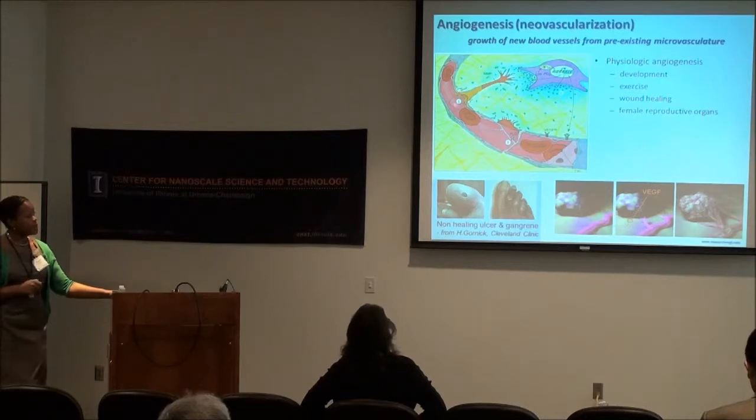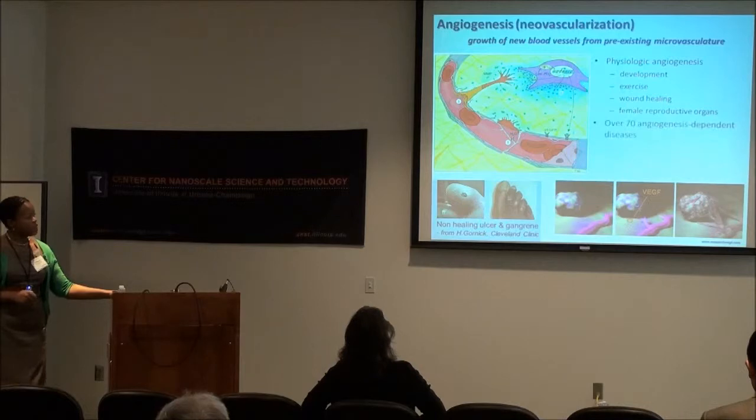There are a lot of other processes involved, the work of matrix metalloproteinases to digest the extracellular matrix components, but roughly what you should take from this is that VEGF is a key signaling molecule in this process. And of course, angiogenesis is important for actually over 70 diseases, including breast cancer as well as cardiovascular disease.